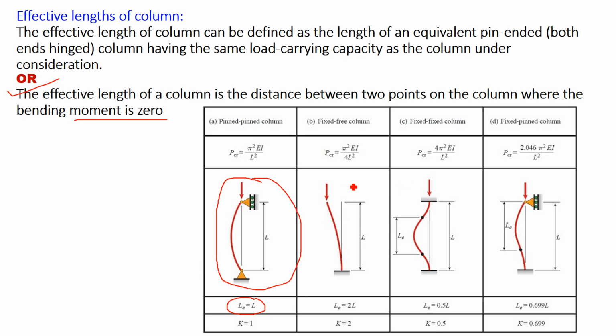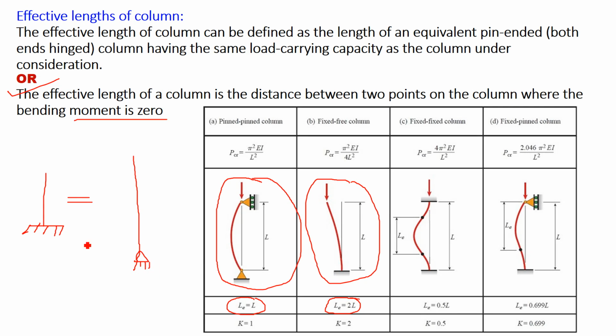But if it is a cantilever column, effective length is equal to 2L. It is twice the length of the column. What does it mean? If you want to find the critical buckling load of a cantilever column, since Euler's formula is not developed for a cantilever column, you have to draw an equivalent column with two end hinges, which gives the same buckling load that the cantilever column has.